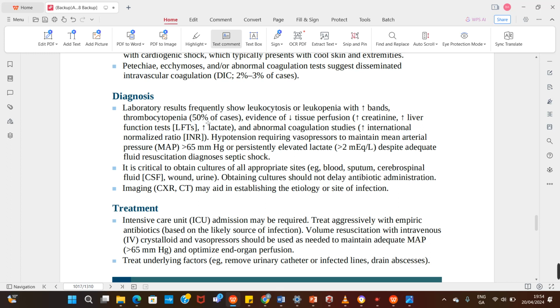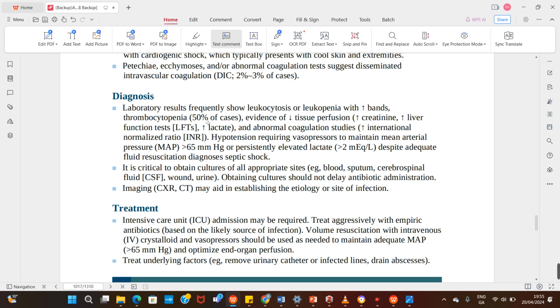Hypotension requiring vasopressor to maintain the mean arterial pressure above 65, or persistently elevated lactate of more than 2 milliequivalent per liter despite fluid resuscitation, is diagnosed as septic shock. I've emphasized this so many times. Sepsis is more like a progression.